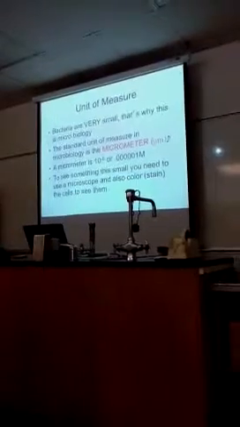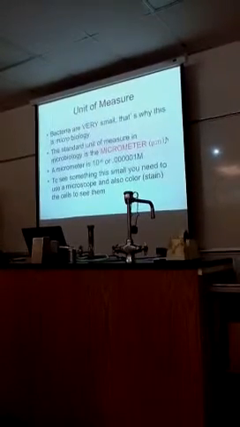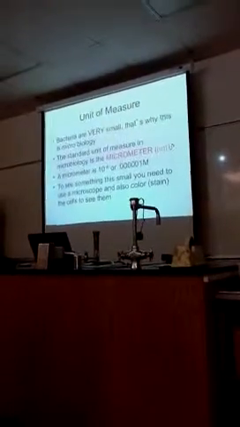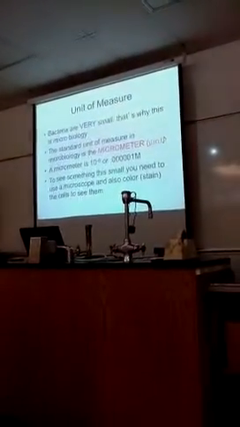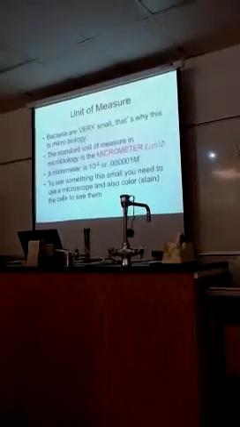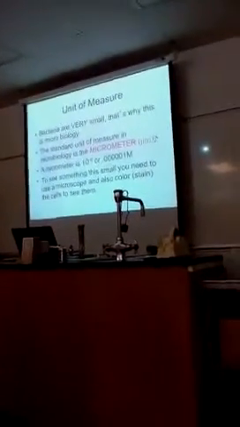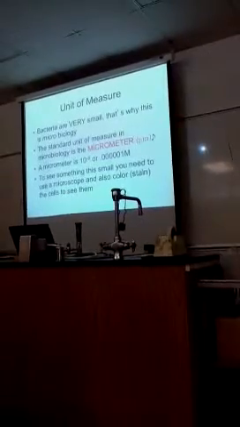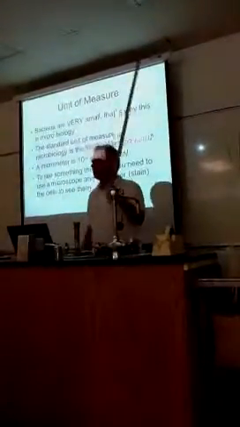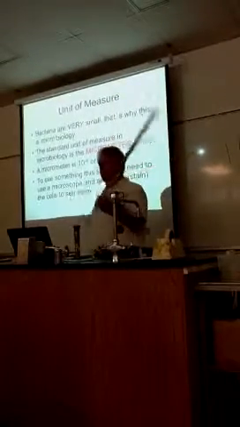The standard unit of measurement in microbiology is the micrometer. I have no idea why there's that little musical symbol next to it. I didn't put it there. That's weird. Anyway, it's a micrometer, and it's extremely small. It's a millionth of a meter. Very, very small.